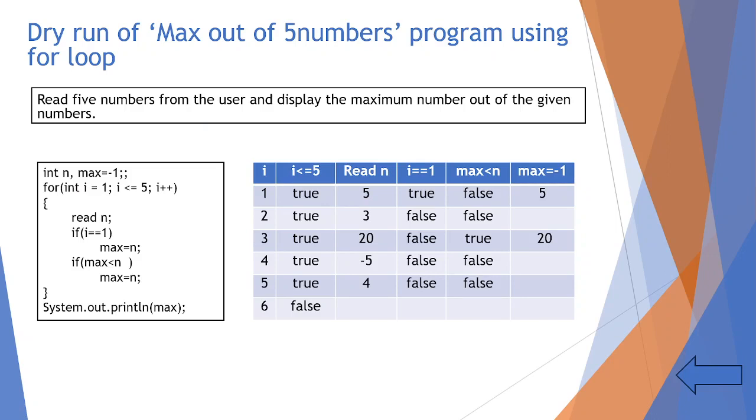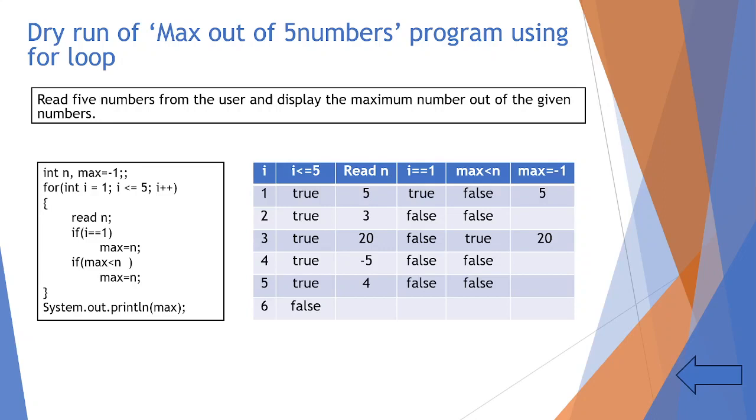So far, we have taken input before the for loop because we accepted only one number. But the question says read 5 numbers. That means the reading statement also should be inside the for loop, and find out the maximum.